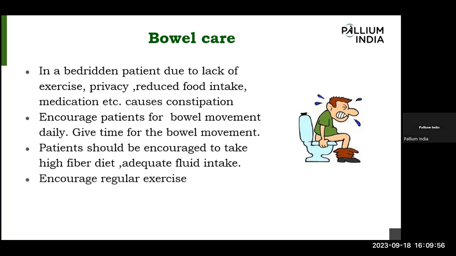So you have to give proper privacy for defecation. And if they are not able to take food orally, you have to think about that also. If they have any problems, you have to check and try to find and manage the underlying cause.